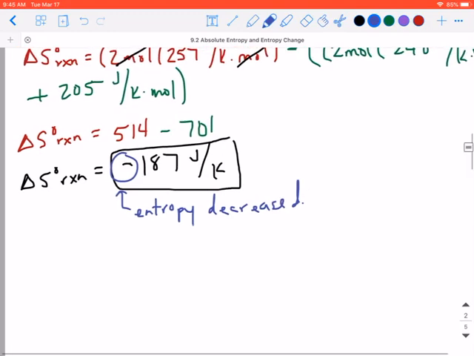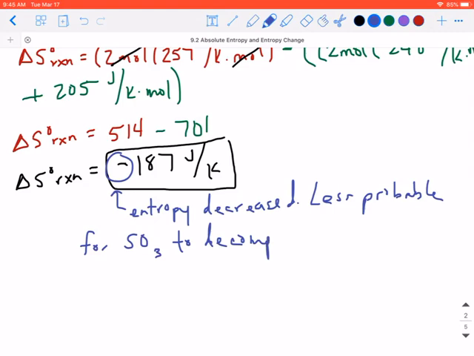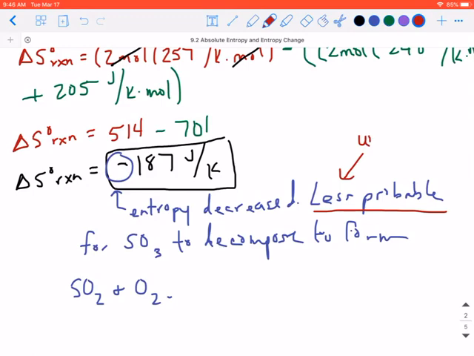So let me write that down. When I say less probable, it's unfavorable, meaning it's not likely to happen.